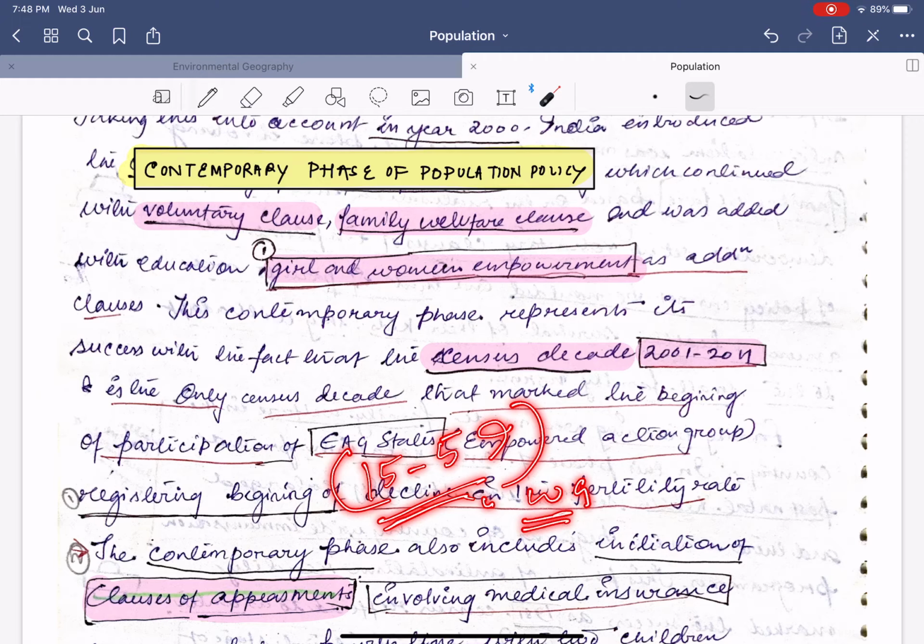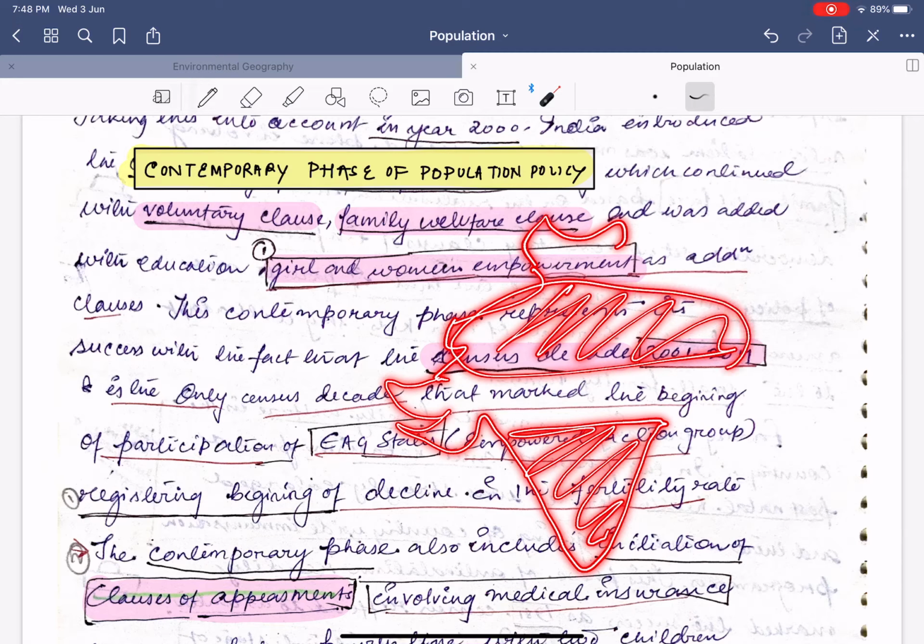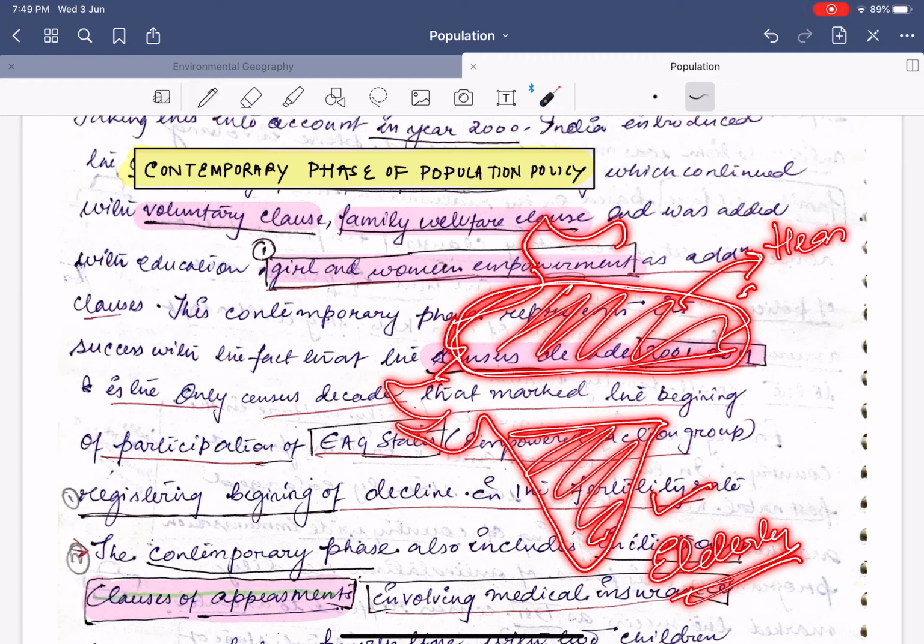Since the peninsular states responded very well compared to the Hindi heartland, today these peninsular states have a more elderly population. On the other hand, where is the demographic dividend basically being witnessed? In the Hindi heartland.